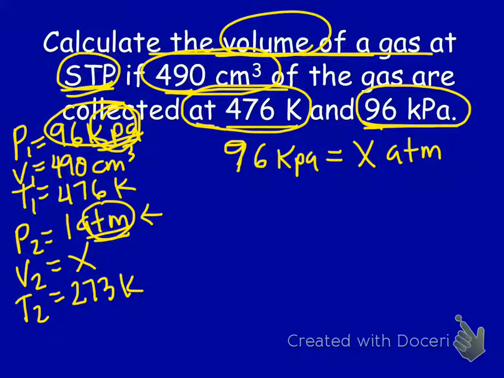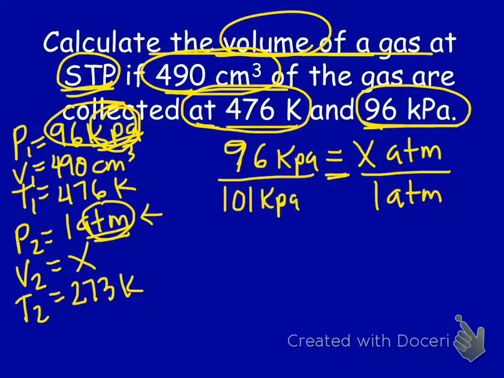I'm going to plug in the equality from slide 1 of your handout: 1 atm is equal to 101 kPa. All those equal signs mean they're all equal to each other, so you can use any one. They're all the same. So we cross multiply and solve for x, and you all know how to do that.